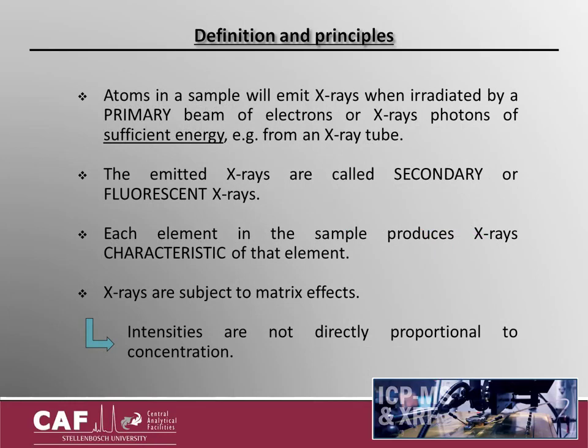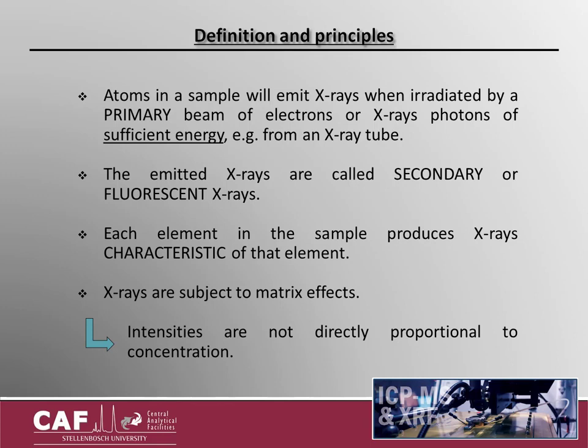The mentioned properties of X-rays can come into play through various ways when X-rays interact with matter, in this scenario being a sample of any material type. The atoms in a sample will produce X-rays when irradiated by X-ray photons of sufficient energy. The X-ray photons can be sourced from an X-ray tube, for example, as a primary beam directed onto the sample.